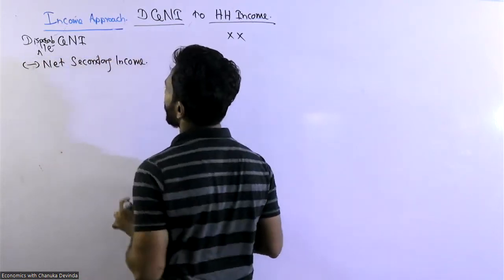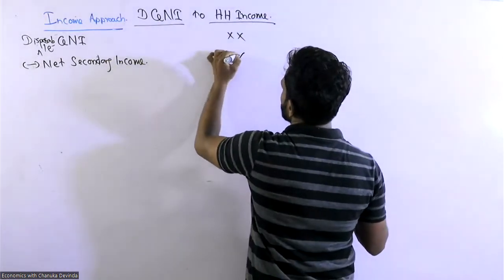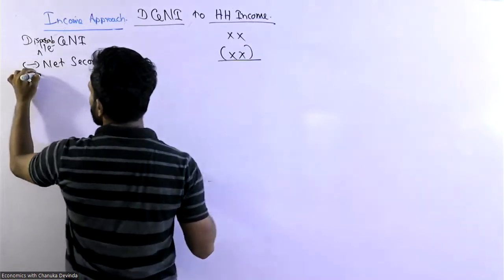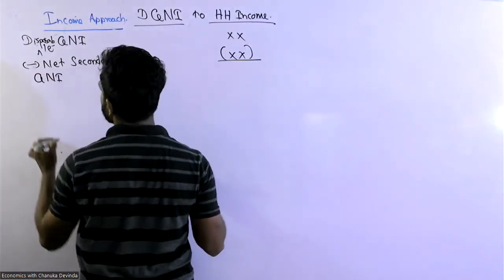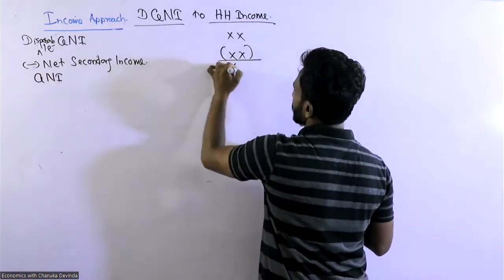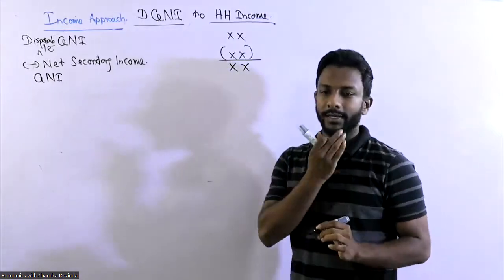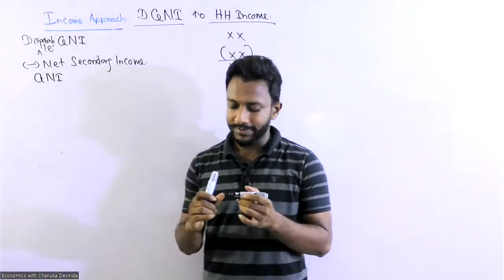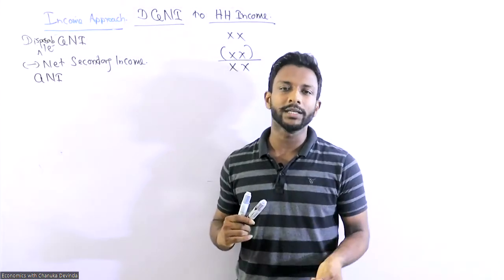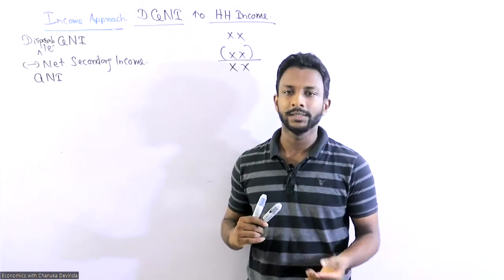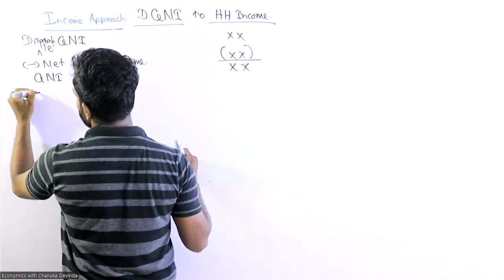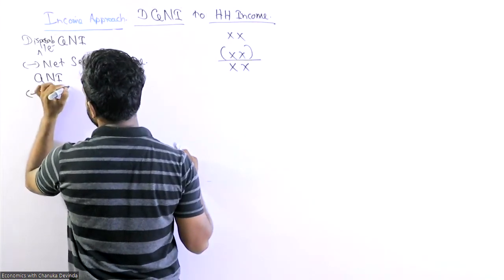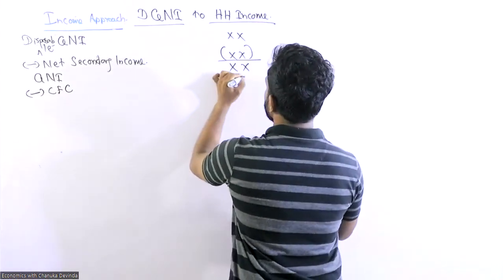Now it has been eliminated. Now it is gross national income, right? Then one more thing can be done. Here, gross national income. Depreciation is not included in household income, obviously. Then it can be removed. Consumption of fixed capital can be removed.